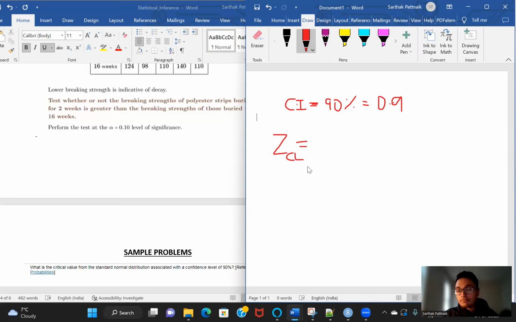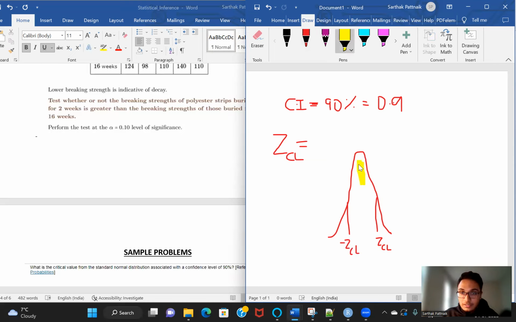And the way we are going to find this out is, if we have a standard normal distribution curve, let me redraw it once again. If we have a standard normal distribution curve and we have to calculate the Z critical given the confidence interval, as you guys know already, I've repeated this a couple of times that confidence interval is always double-sided.